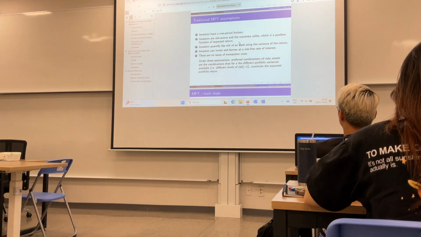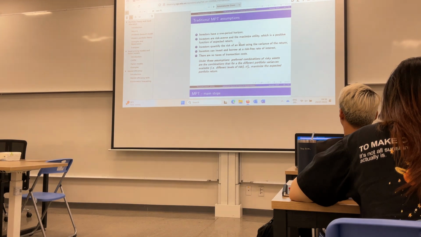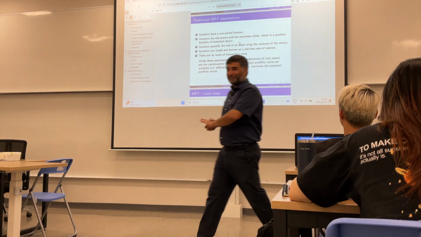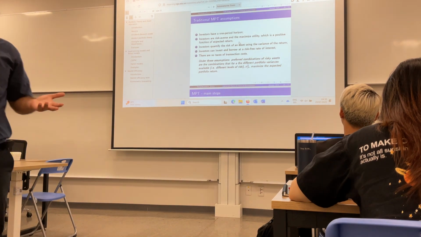Because how do you measure the risk? Do you use the variance to measure the risk, or do you have some other risk measure? Because that's not the only one. What other risk measures do you use, apart from the variance? Well, kappa beta is one.